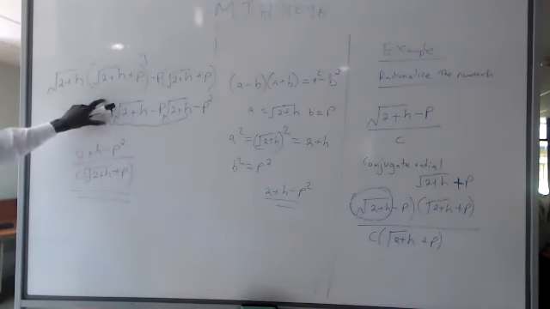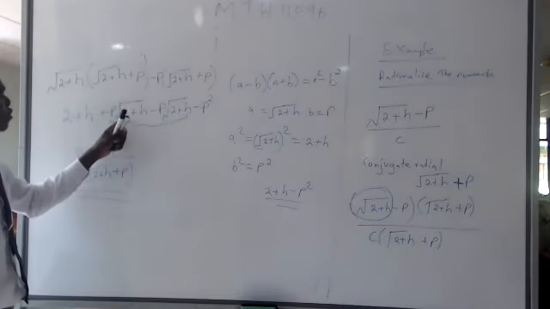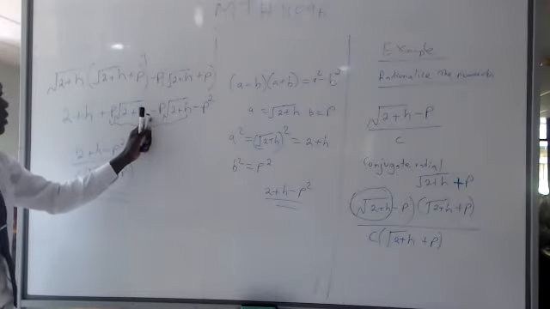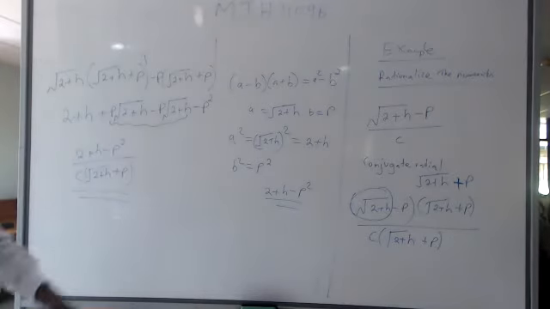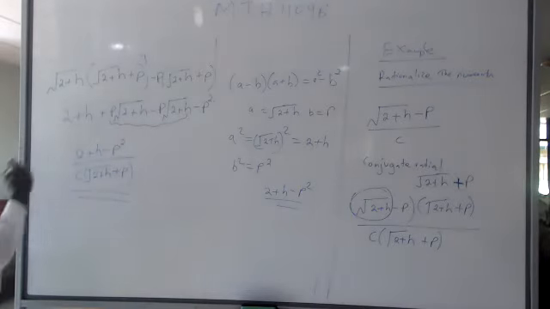Above. Yes, this is 0 because you have p times root 2 plus h minus p times root 2 plus h. No, the one on top. This one? Yes. I'm confused on the whole line, where it came from.